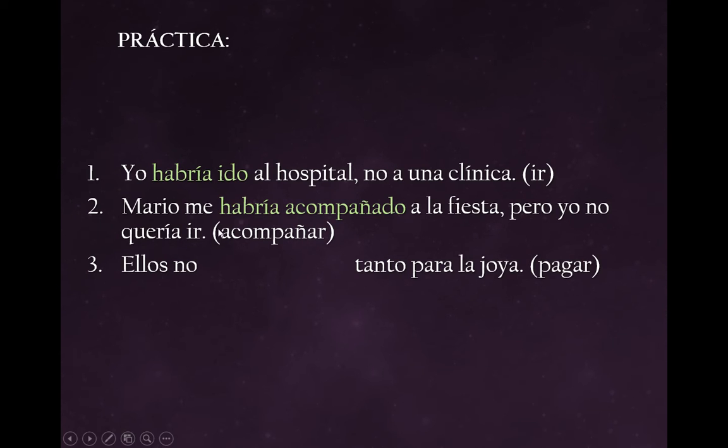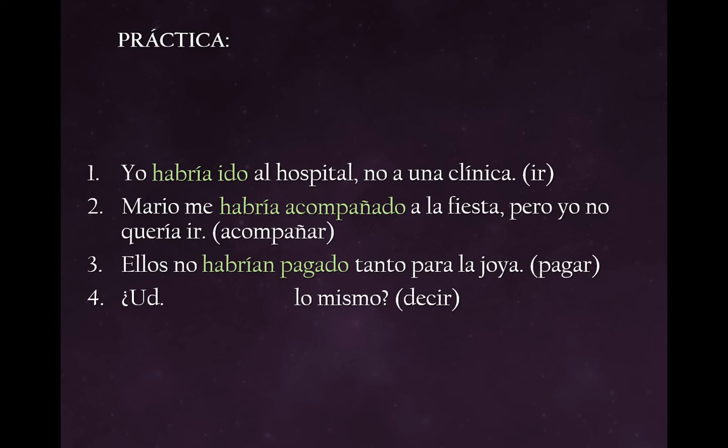So once again, the nice thing, it's going to look very similar to habría, except they're dealing with ellos. And what letter do those verb forms always end in? The letter N. So instead of habría, here we're going to have habrían. And then the past participle of pagar is going to be very simple, similar to acompañar. Pagar would become pagado. So ellos no habrían pagado tanto para la joya. We're saying they would not have paid so much for the jewel.